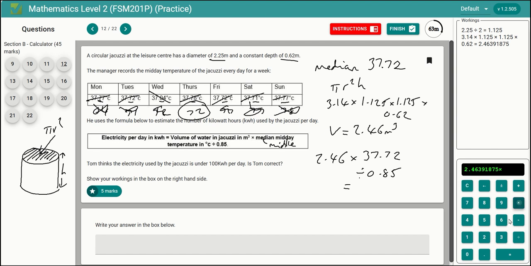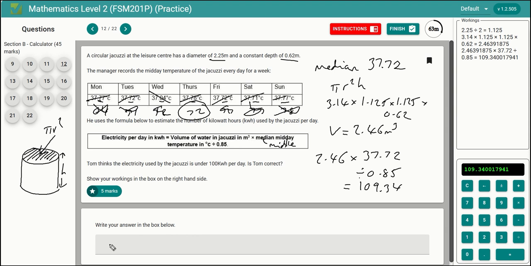If I multiply that by 37.72, that's good because it saves me having to round it, and then divide by 0.85, I get 109.34.